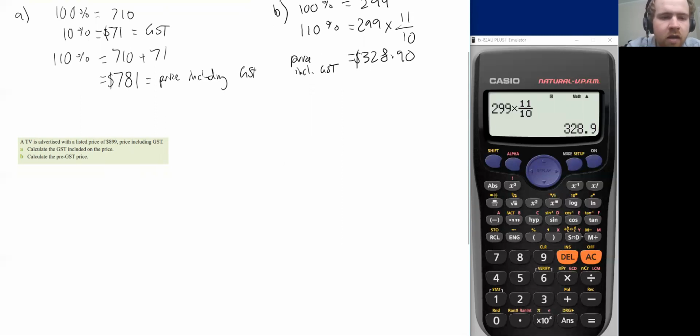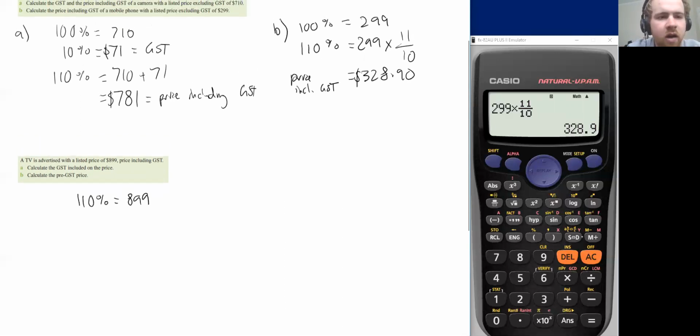If $899 already has the GST applied to it, then that is 110% already. We've already added that 10% on. So I'm going to write 110% equals our price. You can see this is different to our first example where we said 100% equals the price. This time, because the GST is already added, we're saying 110% equals $899.